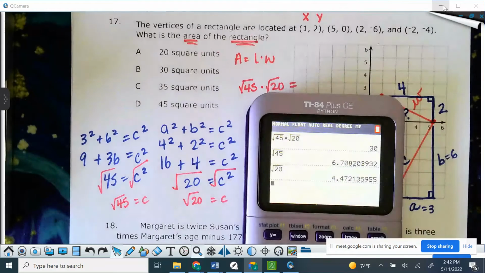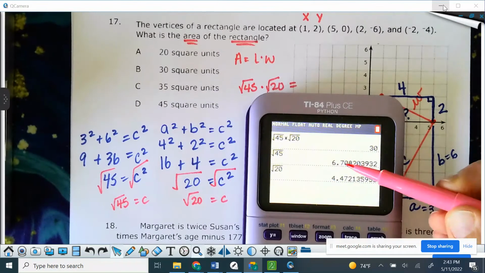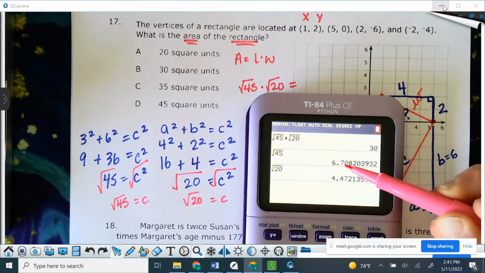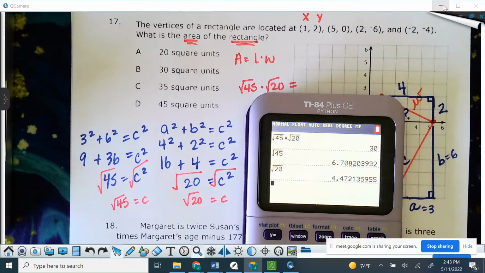Just so you can see, if you wanted to use the decimals, 6.71, I would go at least that far, and then 4.47, so 6.71 times 4.47 is close, but it's just not as accurate. So if you leave it in the square root form, you're going to have a calculator, you're going to have Desmos for this guy.